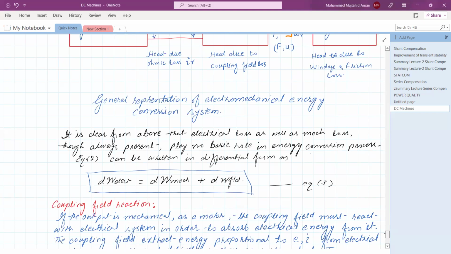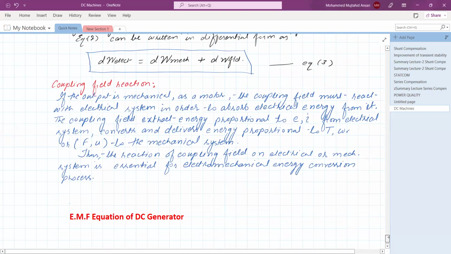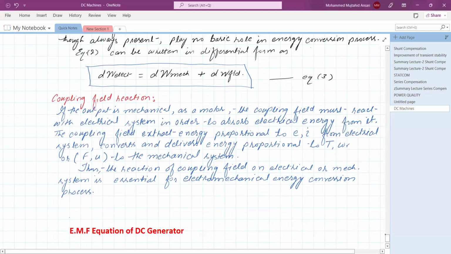Now, what is the coupling field reaction? To understand the coupling field reaction, if the output is mechanical, it means it is a motor. As a motor, the coupling field must react with the electrical system in order to absorb the electrical energy from it.